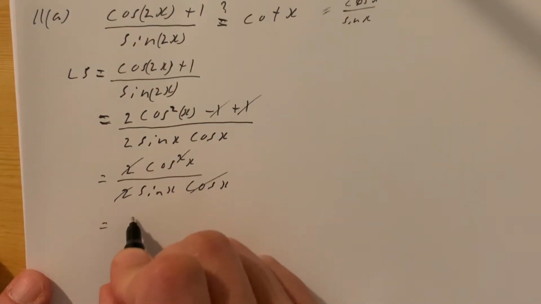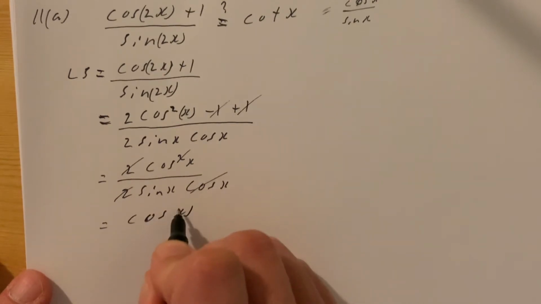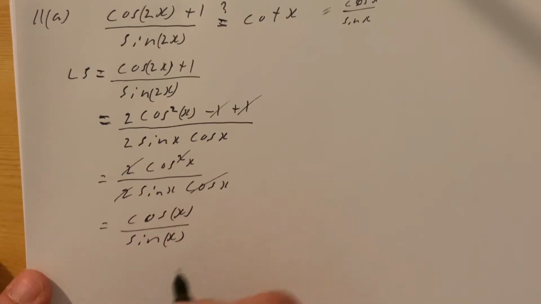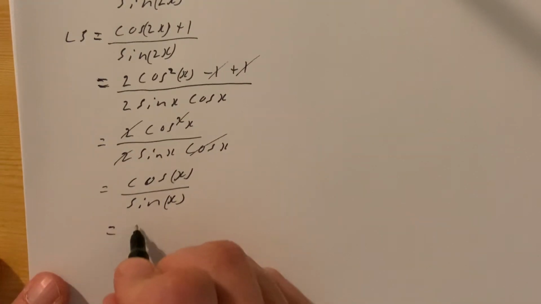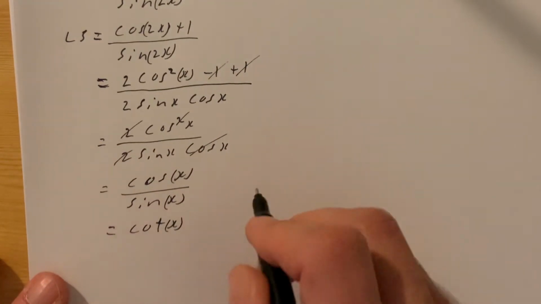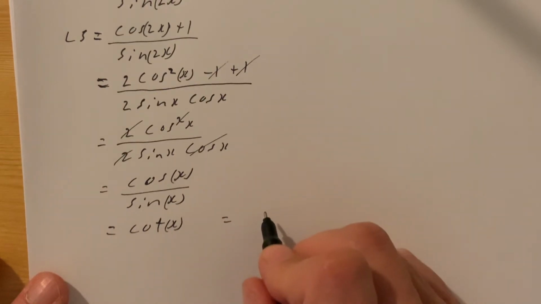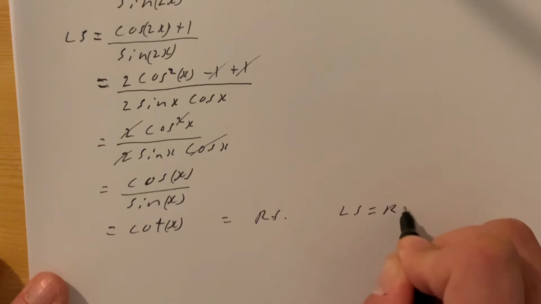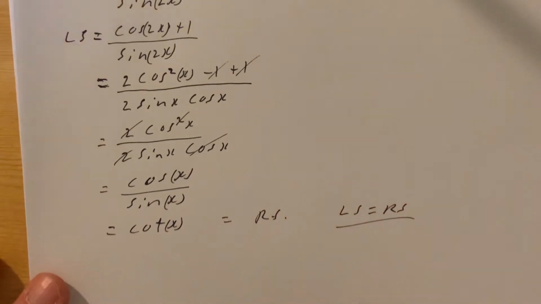And now I just end up with cos x over sine x. And that equals cotan x, which equals the right side. And there we are. Left side equals right side. Okay. And that one's proved. Okay, so that's 11a.